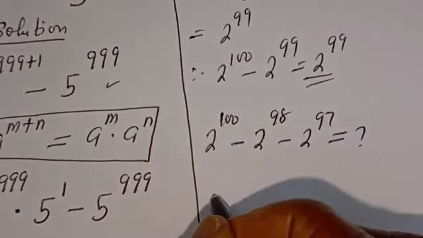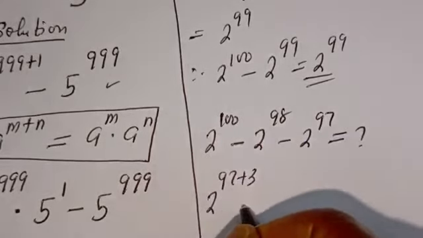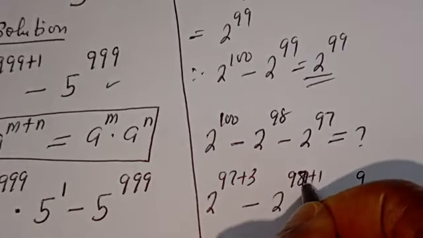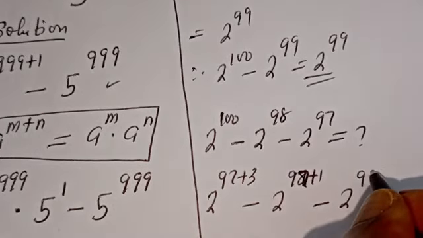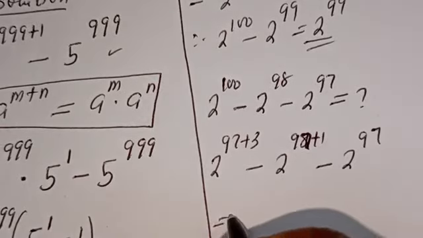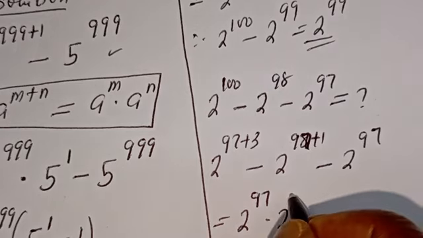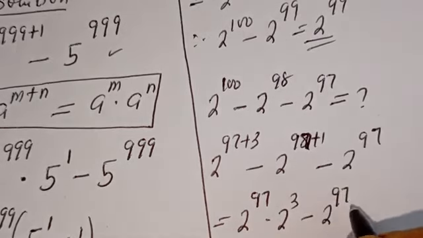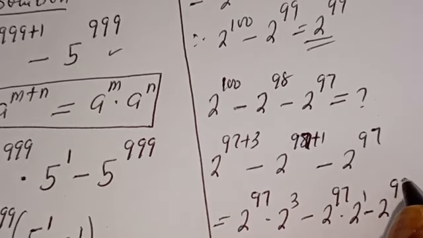This can be written as 2 to the power of 97 plus 3 minus 2 to the power of 97 plus 1 minus 2 to the power of 97. Then this is equal to 2 to the power of 97 multiplied by 2 to the power of 3 minus 2 to the power of 97 multiplied by 2 to the power of 1 minus 2 to the power of 97.